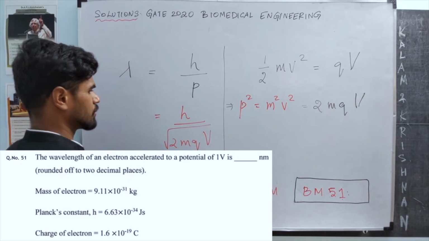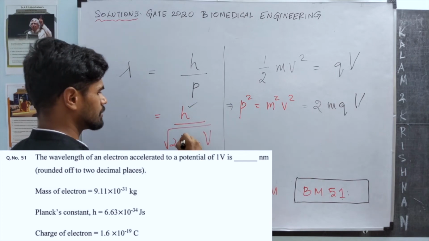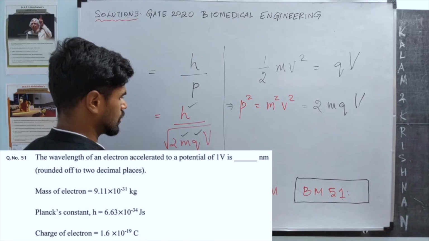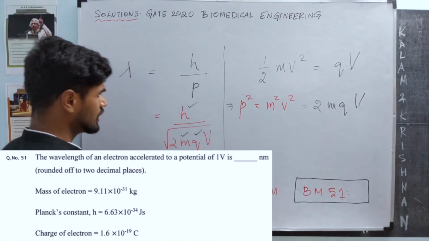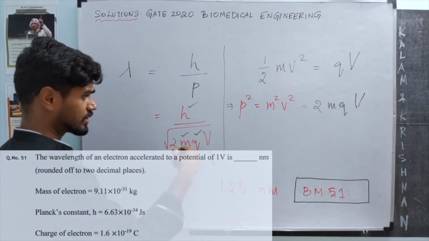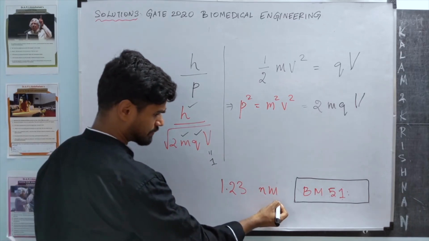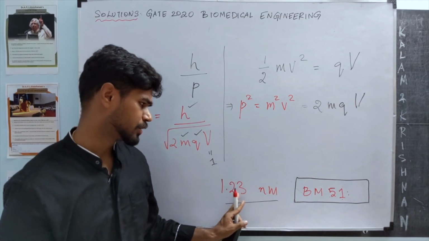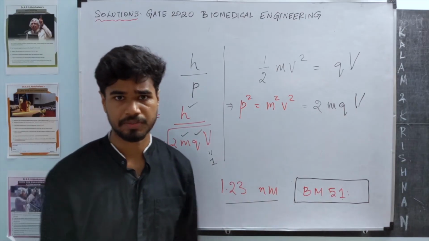In the question, h is given, m is given, q is given, and V equals 1. From that we can calculate the wavelength, which turns out to be 1.23 into 10 power minus 9 meters, which is 1.23 nanometers.